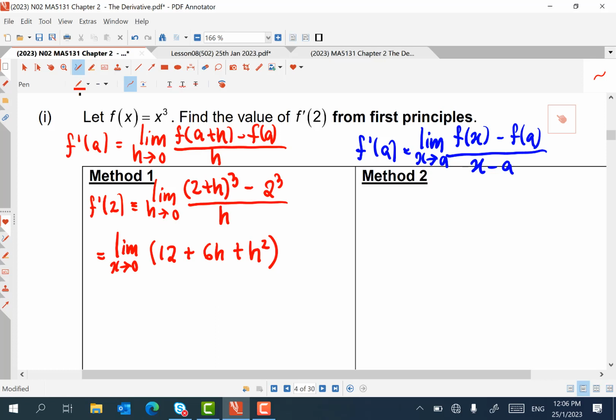Faithfully, expand this thing. Power 3 is actually what? a cubed plus 3a squared b plus 3ab squared plus b cubed. It's correct. Okay, thank you.